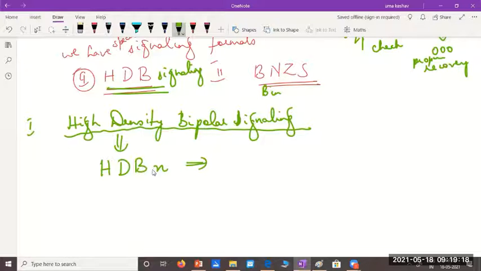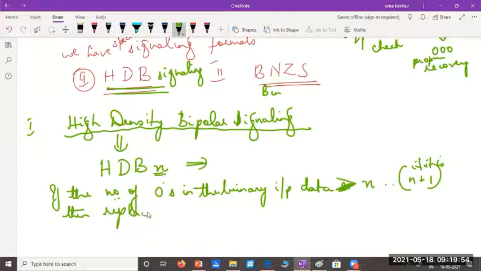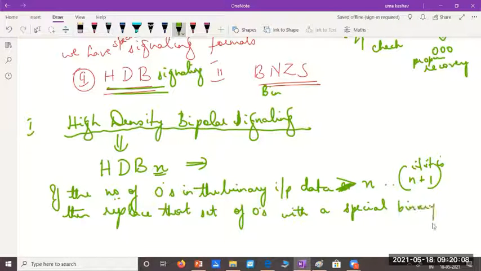If the number of zeros in the binary input data exceeds n, okay, I can say it becomes n plus 1, if it exceeds this n value, then replace that set of zeros with a special binary sequence.